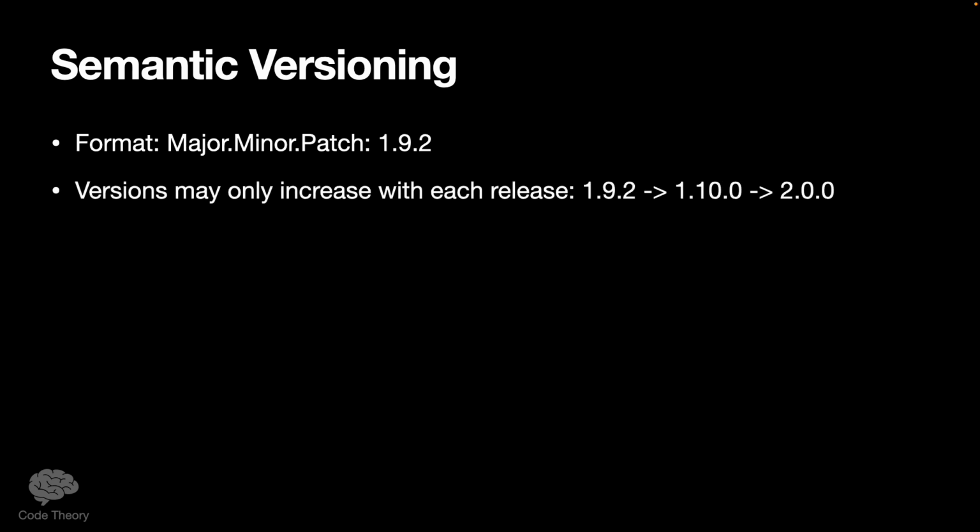So when you are doing a release, when you are releasing new code, either you're updating your API and posting a new release on GitHub that people can then pull down and use as a dependency, or you're publishing a new version of your app to the App Store. Semantic versioning dictates that you can only increase your number with every release.